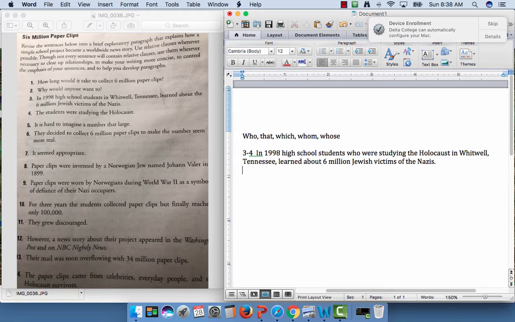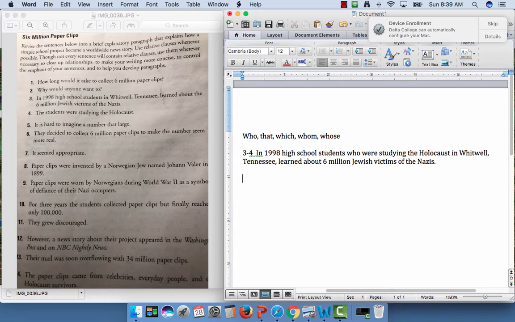Now, in the next two, it says, it is hard to imagine a number that large. They decided to collect 6 million paper clips to make the number seem more real. What's repeated?